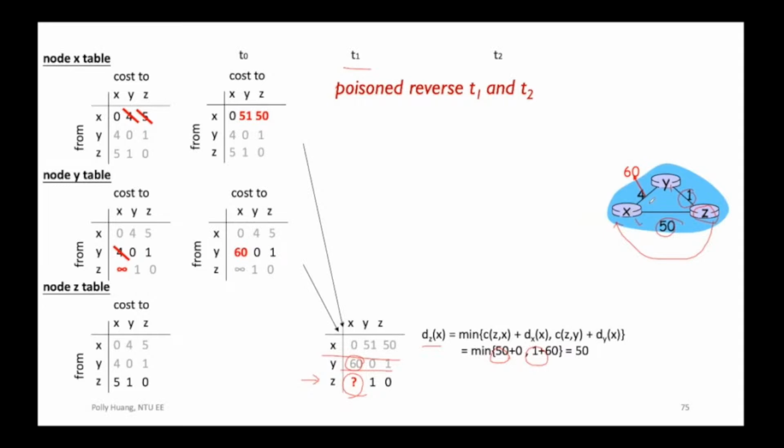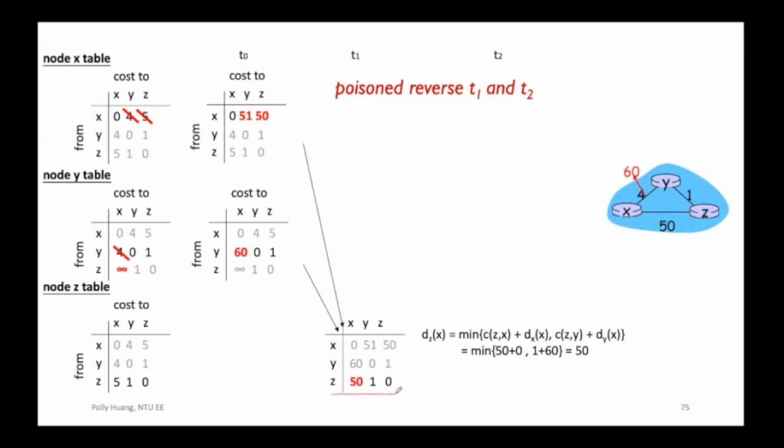The XX and the YX: XX value 0, YX value 60. So 0 here, 60 here. Comparing 50 to 61, 50 wins. And you see here, from Z to X, we're taking just this link ZX as a direct path to destination X. Quite different, isn't it?